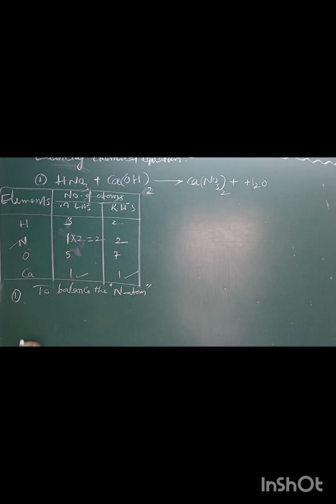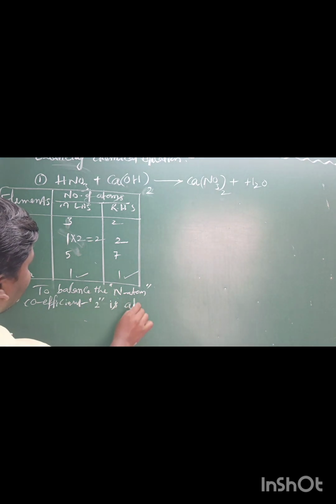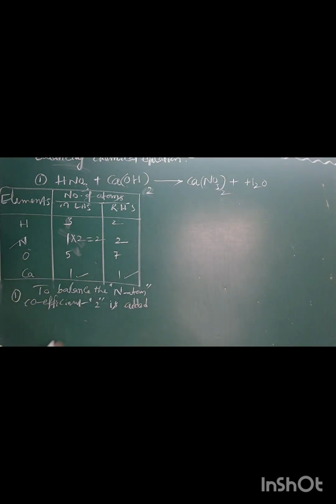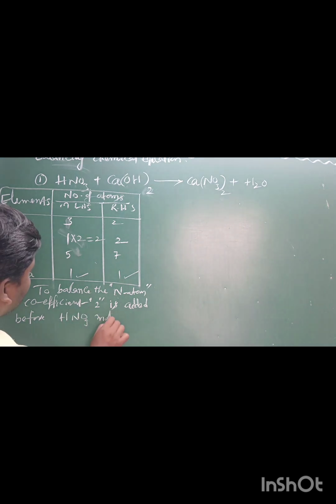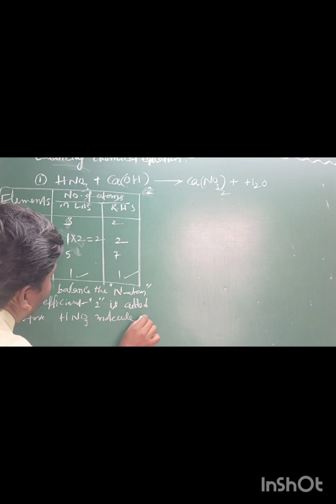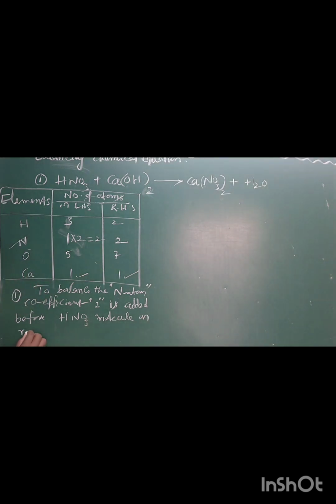That is coefficient 2 is added before the HNO3 molecule on the reactant side.